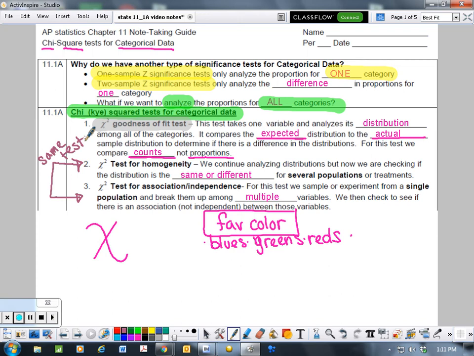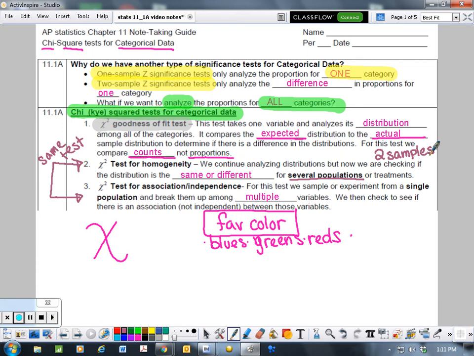For homogeneity, we take 2 different samples. We look at several populations. So I'm going to ask only females, and that's my first sample, and then my second sample I'm asking only males. So I actually have 2 different samples that I'm looking at.